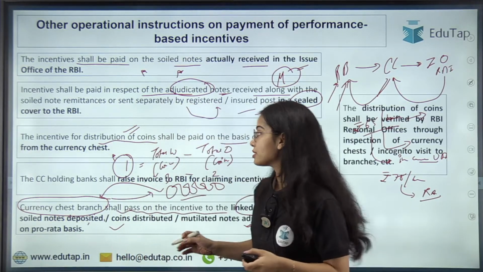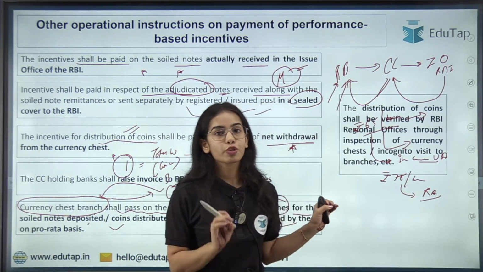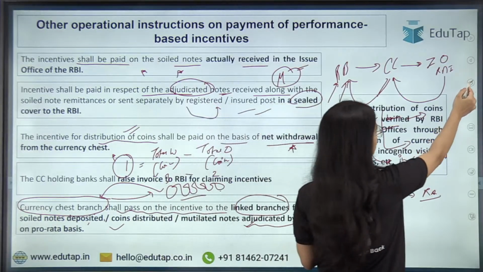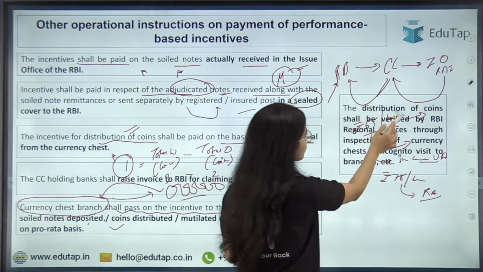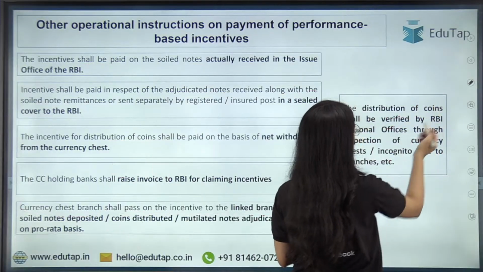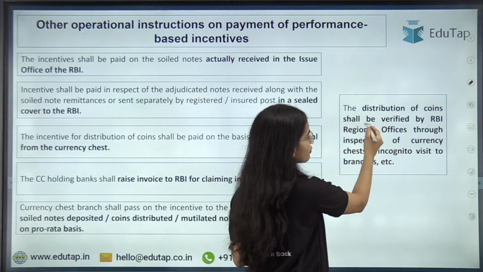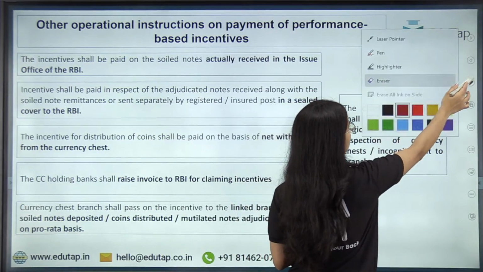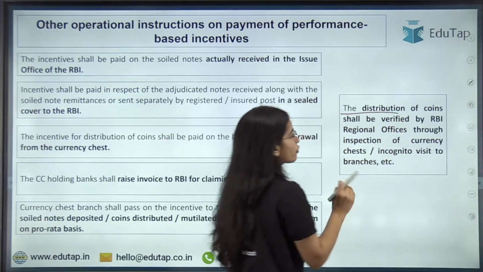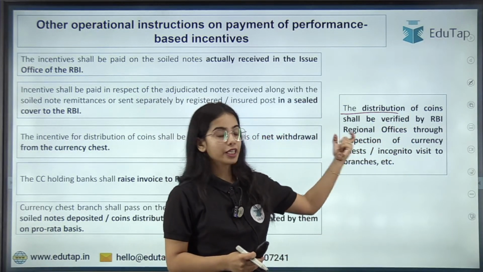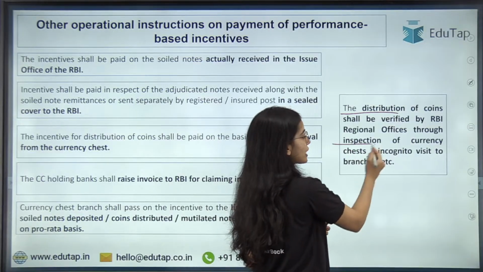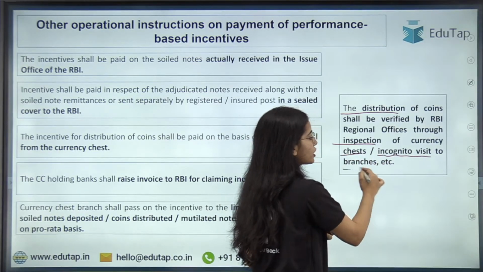So last point is the distribution of coins. The distribution of coins shall be verified by the RBI regional offices through inspection of currency chest or incognito visit to the branches.